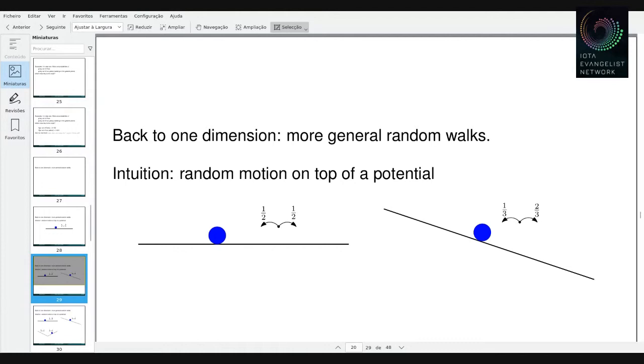Well, you can think about it as a walk of a drunken guy here. In this situation, if this drunken guy is here, then it will drift to the right.